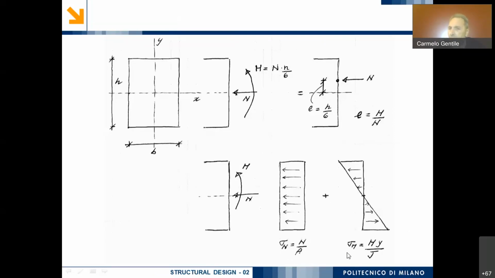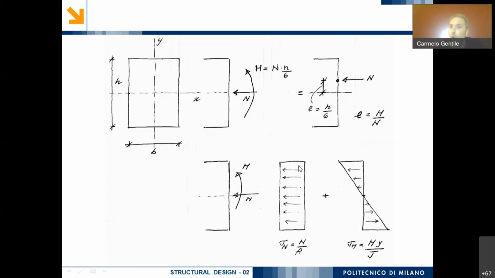On the other hand, the normal stress associated with the bending moment, sigma M, is equal to the value of the bending moment times epsilon, where epsilon is the distance from the centroid, over the moment of inertia. Of course, since the bending moment and the axial force are simultaneously applied, I have to compute the resultant stress obtained by summing the value of sigma N and the value of sigma M.